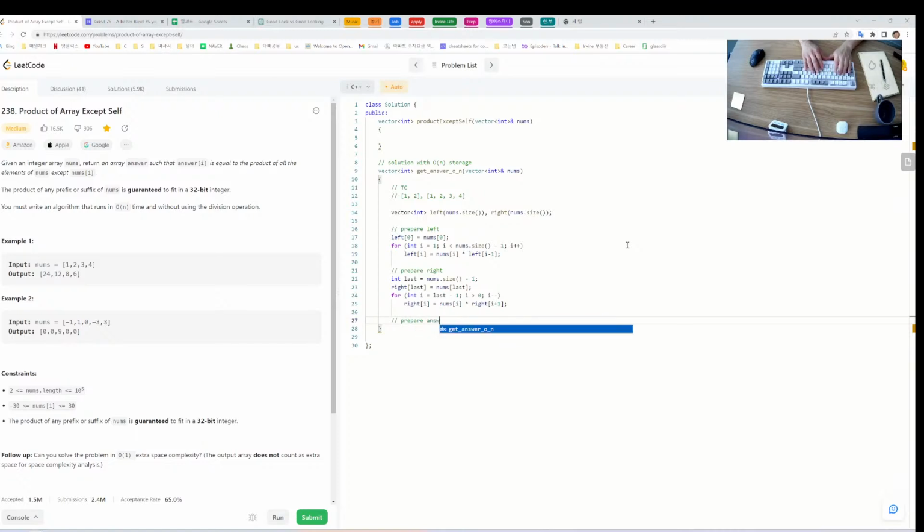So then prepare the answer. Vector answer, nums size.